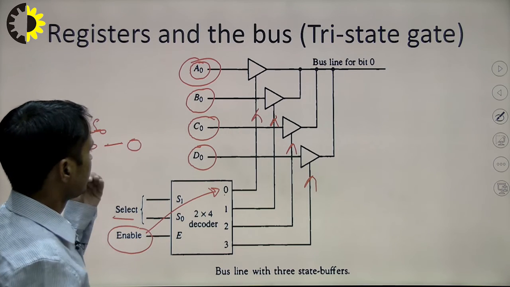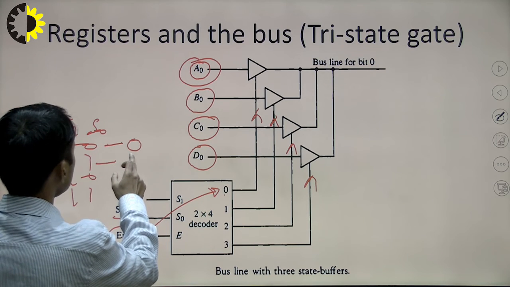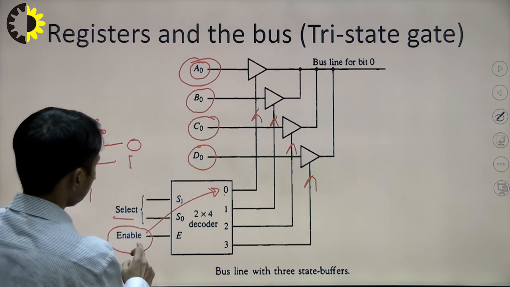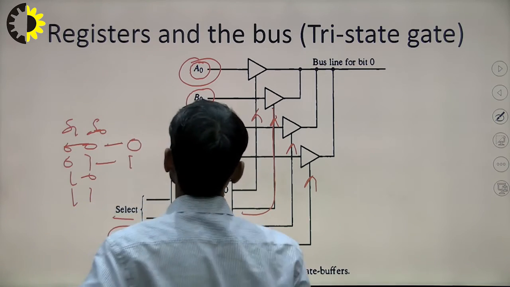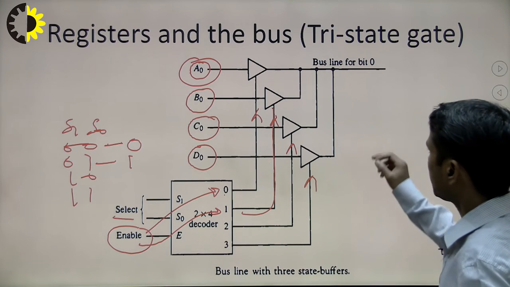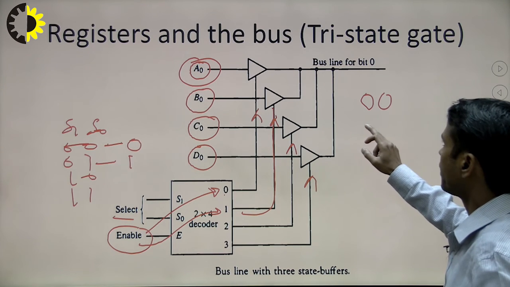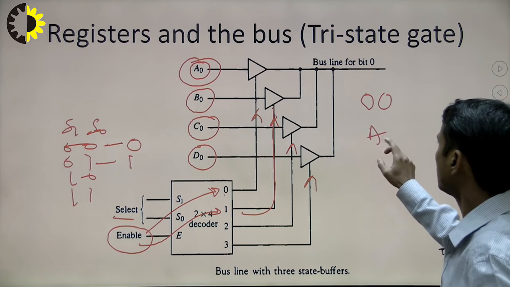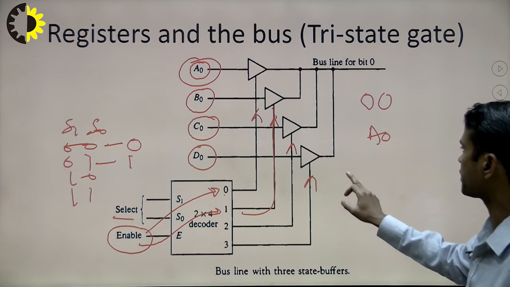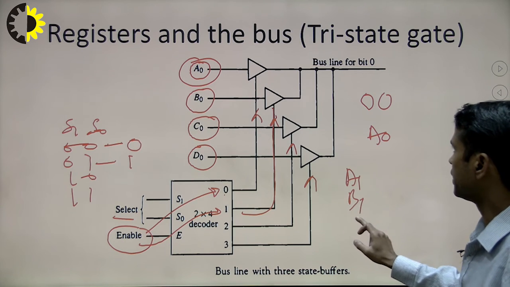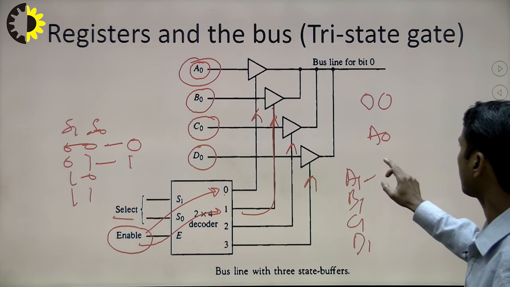Clear? Similarly, if it has 01 as the selection line, it will send the enable signal to this, so this will enable the B0 bit of register B. Now, for the 00 selection line, it will select A0 from this particular circuit, and if we have a similar circuit for A1, B1, C1 and D1, then for 00 it will select A1 also.